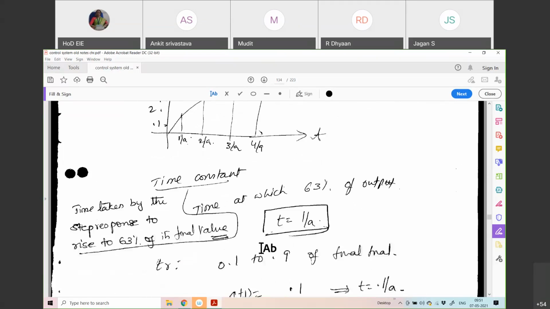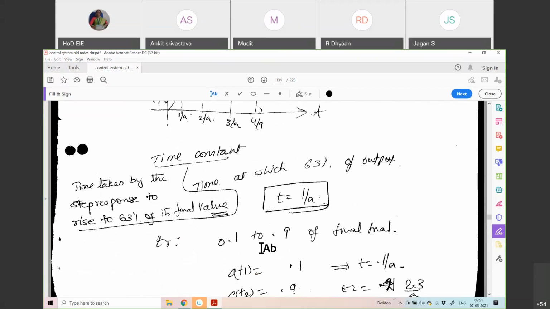Now coming to something called the time constant. Time constant is the time taken by the step response to rise to 63% of the final value. Suppose I have given the input as 100. What is the time taken for the step input to reach that 100?